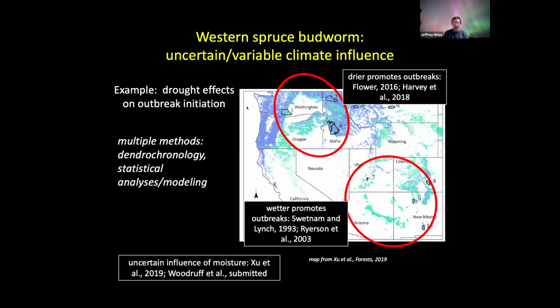And to add on to that, a couple of my graduate students have looked using aerial surveys, as well as some dendrochronological studies that are separated by elevation, and they've found very little effect of drought on outbreak initiation. So it's pretty uncertain in this particular instance, but also among all the drivers, which seems to be important.